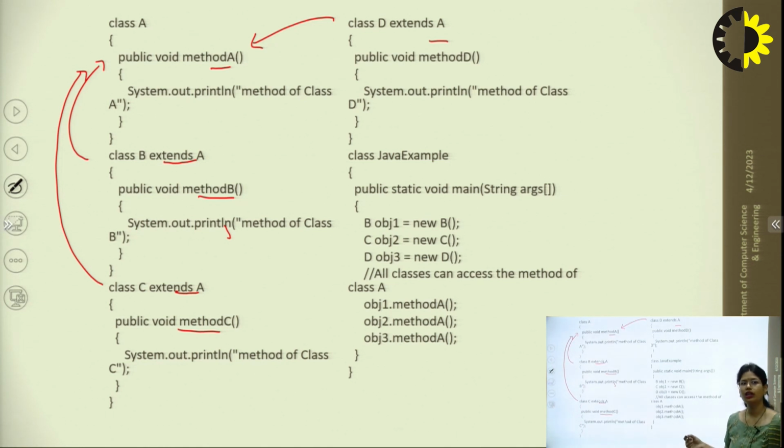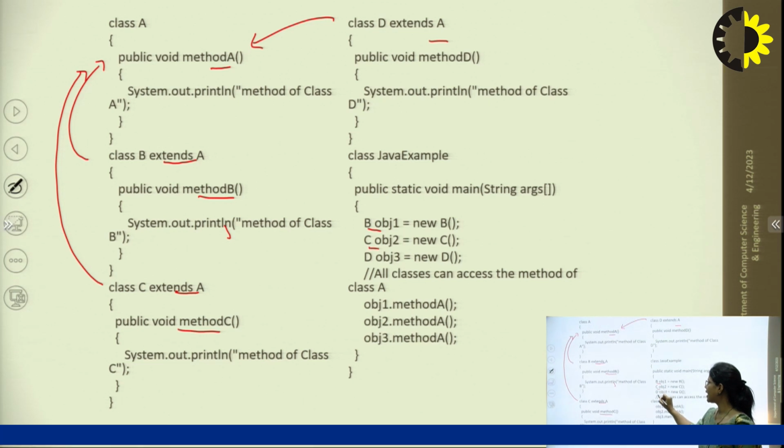When we talk about the same base class, we can definitely do this in Java, and it is easier. Now, whichever classes extend class A, I'll create objects for all of them. In this example, I have created objects for class B, class C and class D, because all three extend the same class.